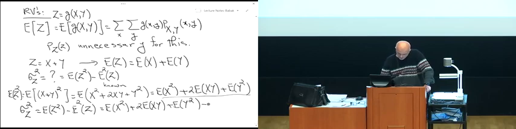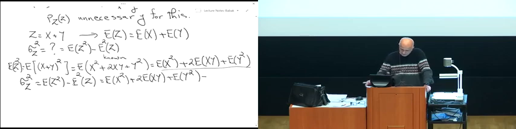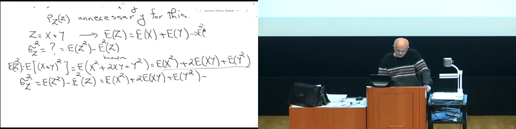And from that, I have to subtract what? I have to square this, right? What's the square of that? Louder, everybody.